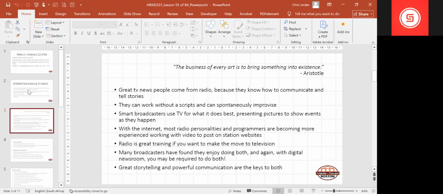They can work without scripts, with scripts, and can spontaneously improvise. Eh, I don't know so much about that, because we've been really pushing the importance for a newsreader to have a rigid script that they stick to, right?